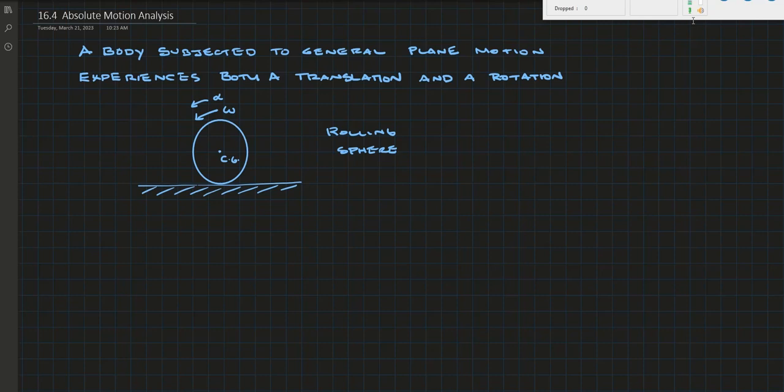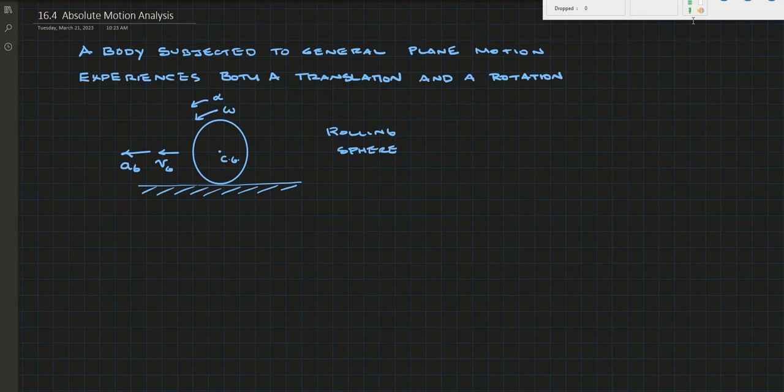It'll be in the direction of omega if it's accelerating, and in the opposite direction of omega if it's decelerating, and this produces a translation velocity of the center of gravity and of every single point in the body, and acceleration with the same idea.